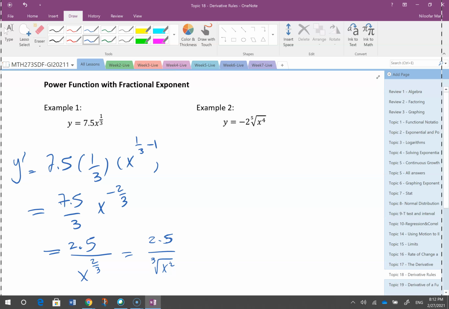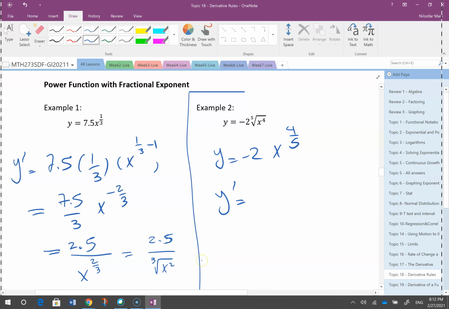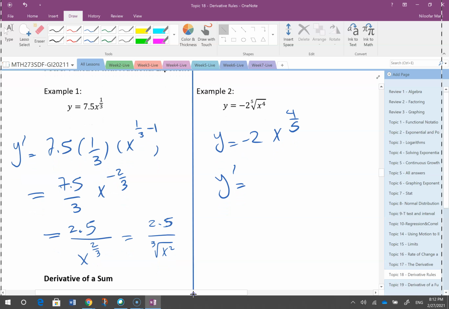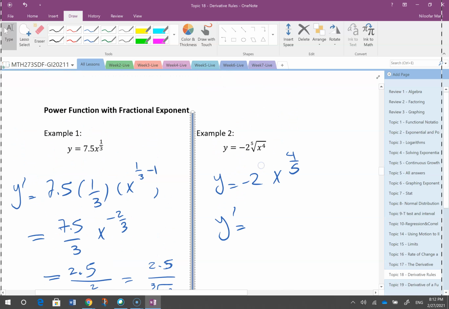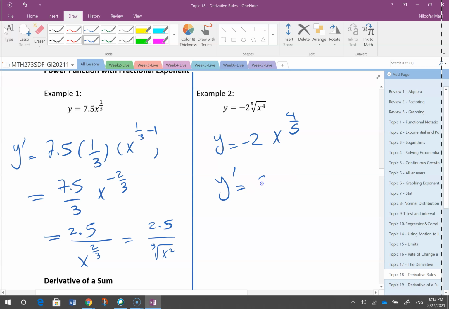How about that? This is y equal minus 2x power 4 over 5. I know when I have root, it is fraction. So the 5th root of x power 4 is x power 4 over 5. So what is y prime then? Y prime is minus 2 multiple 4 over 5.